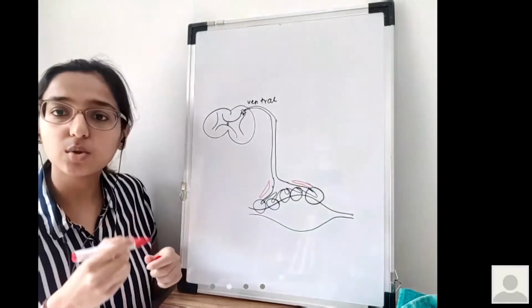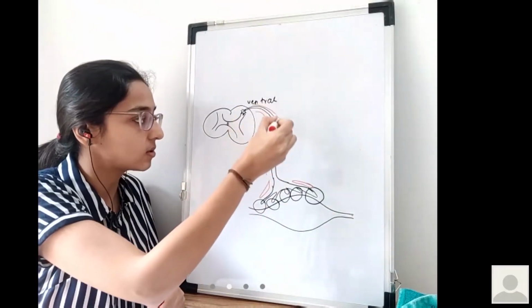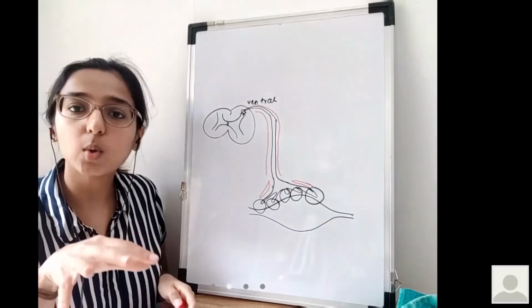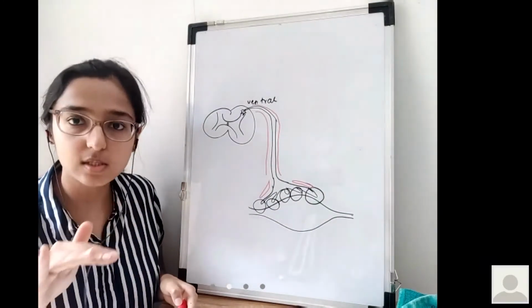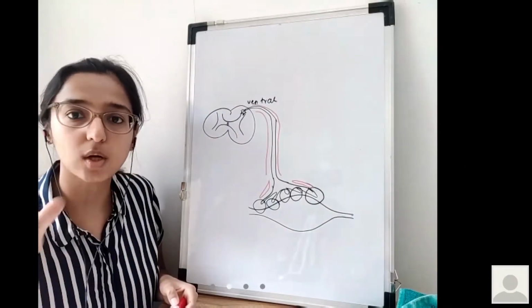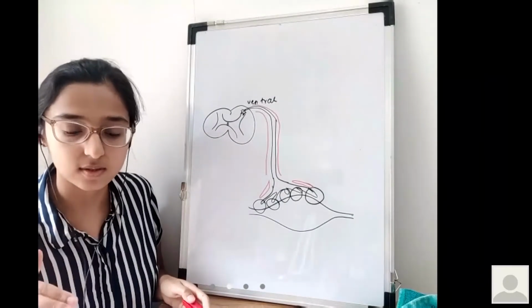I'll show it in a magnified way. There will be a myelin covering along the whole route, but as soon as it approaches the muscle, the myelin sheath will stop, and beyond that you will have only the Schwann cells covering the motor axon and its branches.